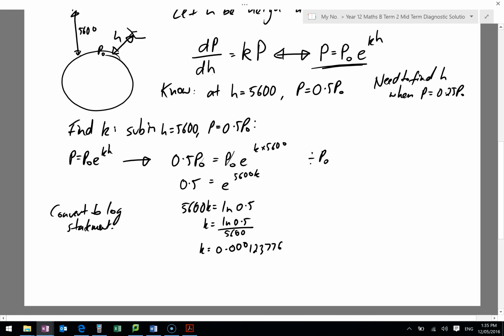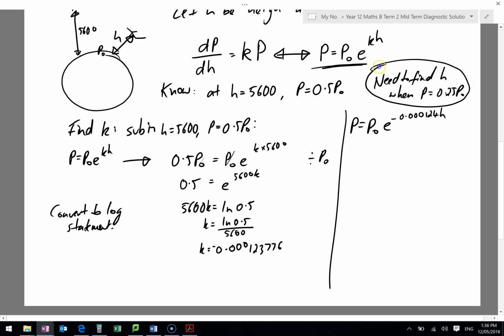Alright, so my model is P equals the initial pressure, e to the power, correction, there's a negative there, negative 0.000124 should be enough for us, times H. Need to find the H when P equals, remember this is the thing I'm trying to find, always write down what you need to do.